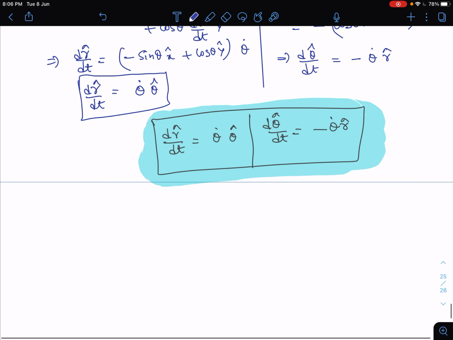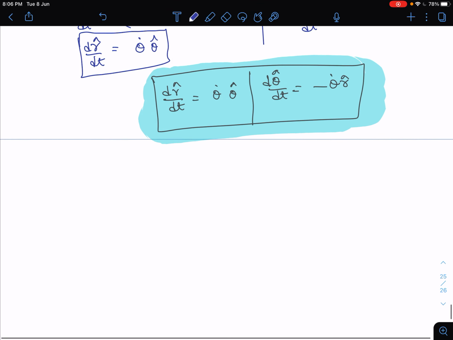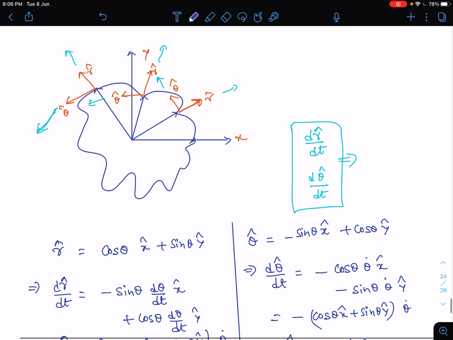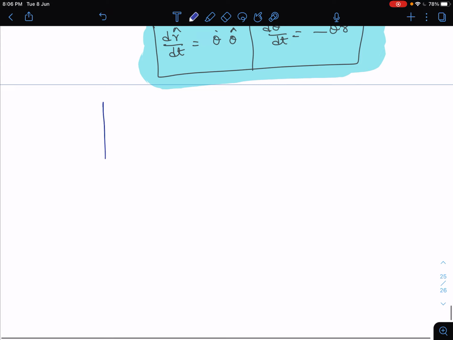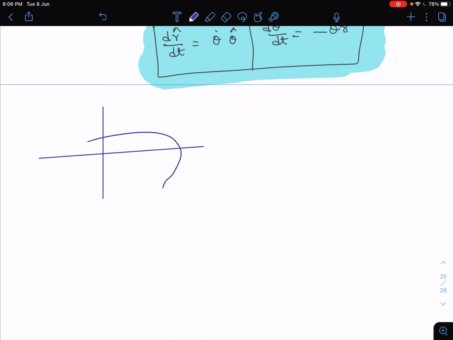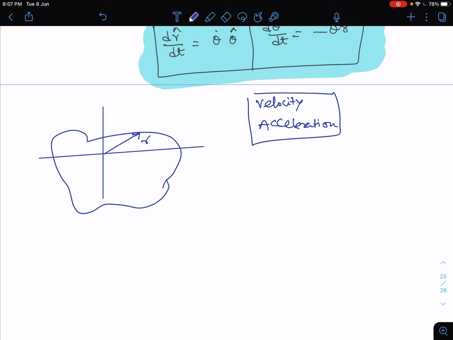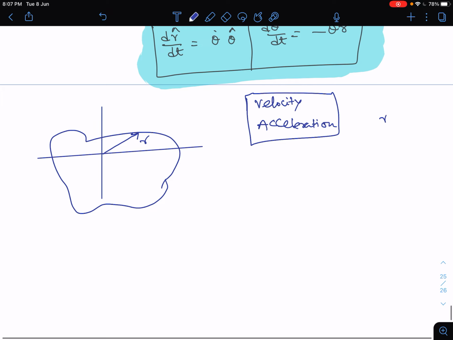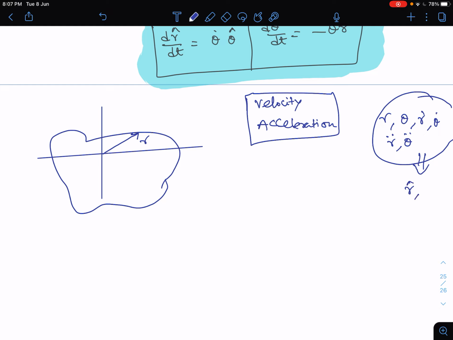So now let's derive, for any generalized motion like this kind of motion, what is the expression for velocity and acceleration as a function of r, theta, r dot, theta dot, and their higher order derivatives, let's say r double dot, theta double dot, and of course in terms of the base vectors r cap and theta cap.